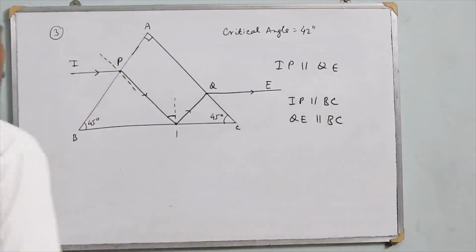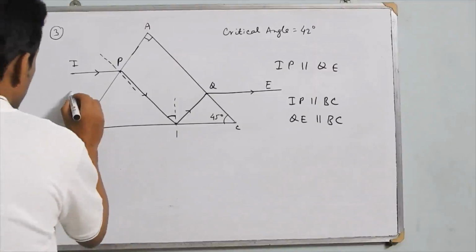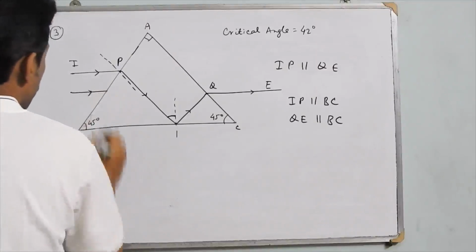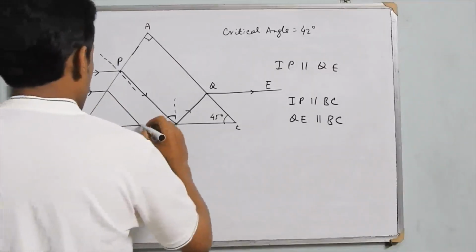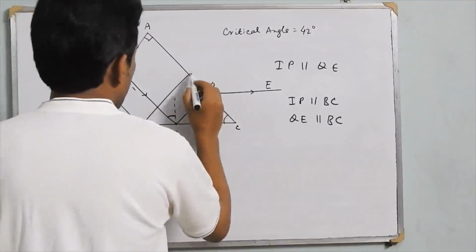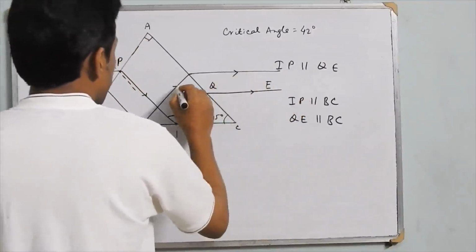So now let me take another set of ray to demonstrate how it will invert the image of an object. So suppose, let me take another ray which is parallel to the base of the prism. It will move in this manner. It will undergo total internal reflection and it will emerge in this manner. So this is another set of ray.